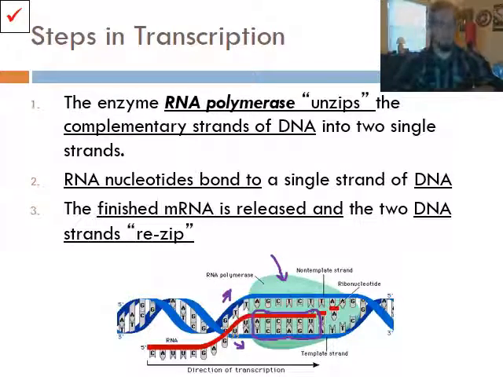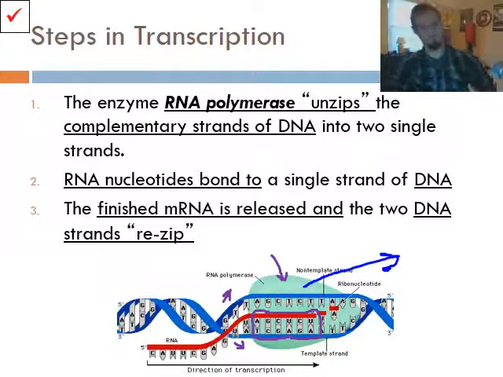So the RNA polymerase unzips, makes a copy of the strand, and rezips as it goes down the DNA. This continues until it hits a stop point. So once we have a completed copy of the DNA strand, they zip it all up, and the RNA then leaves the nucleus.